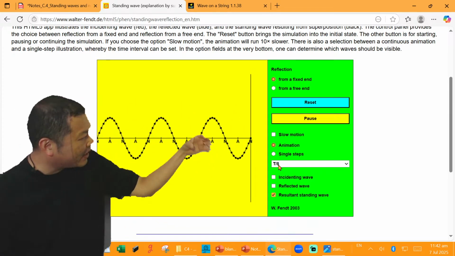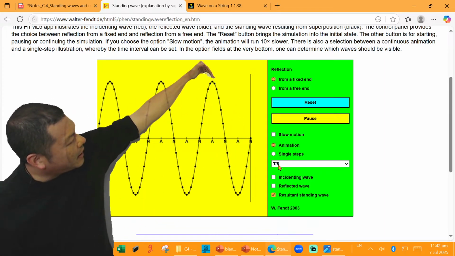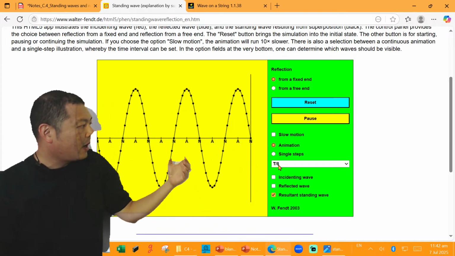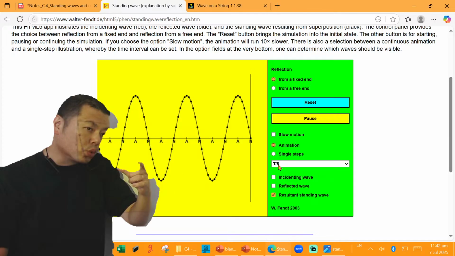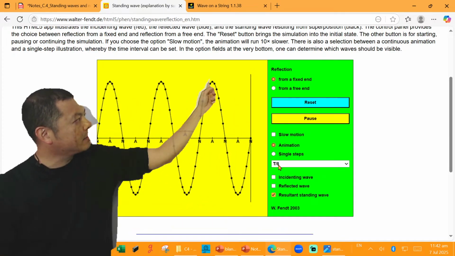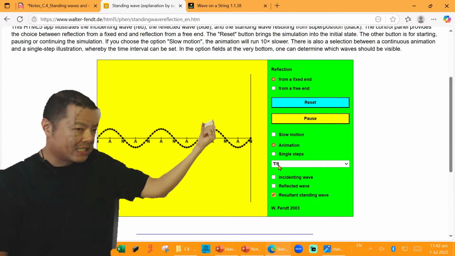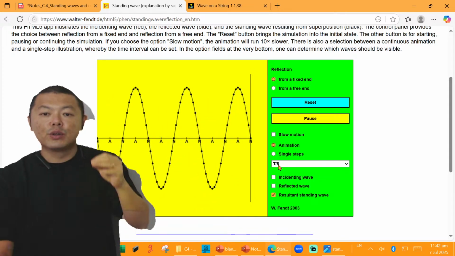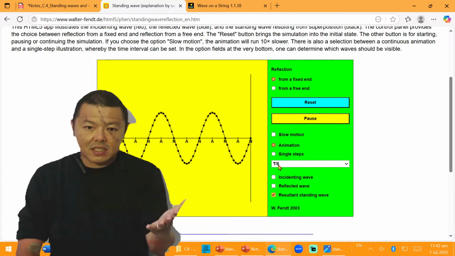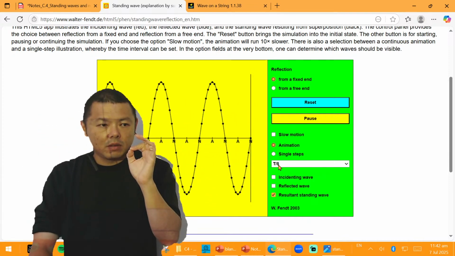You're moving together up and down. And between two consecutive nodes, the particles are always in the same phase. So the phase difference between particles between two nodes is 0, right?